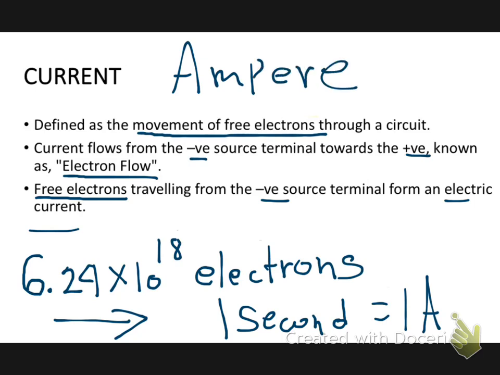So that many electrons flowing past a fixed point in 1 second equals 1 ampere of current. So if you have twice that many electrons flowing past that point in 1 second, you'd have 2 amps of current.